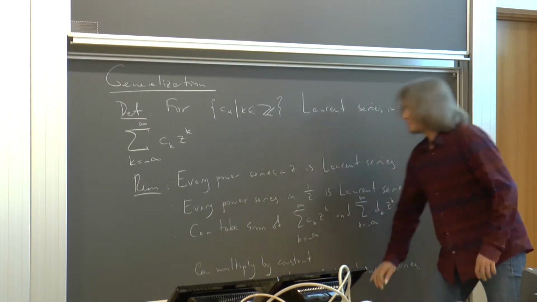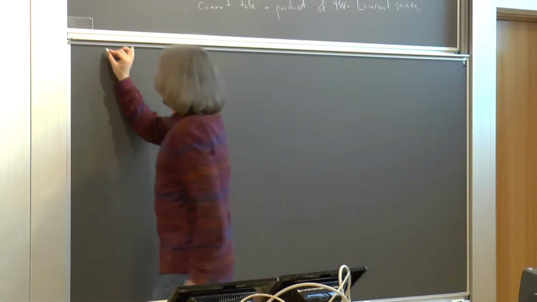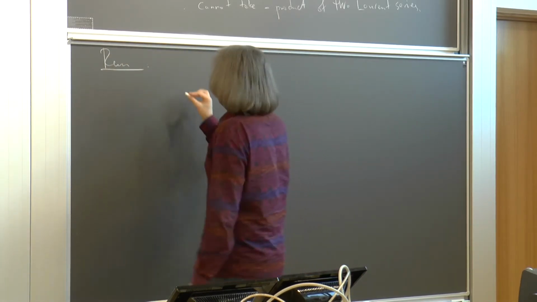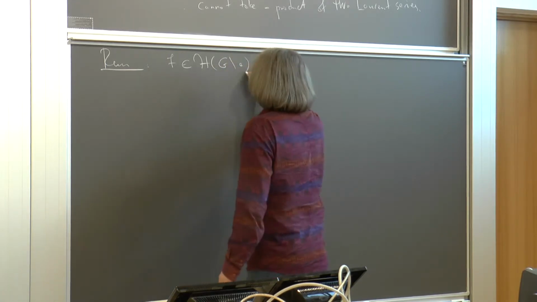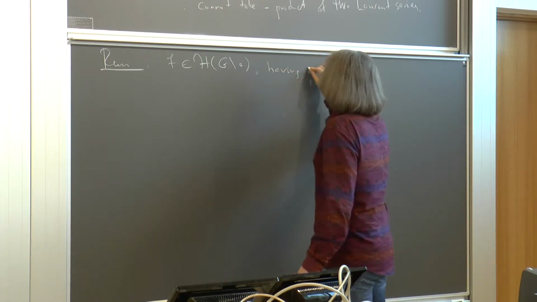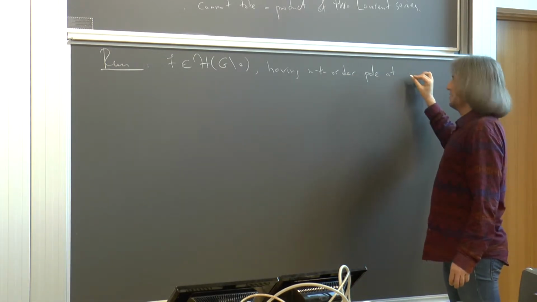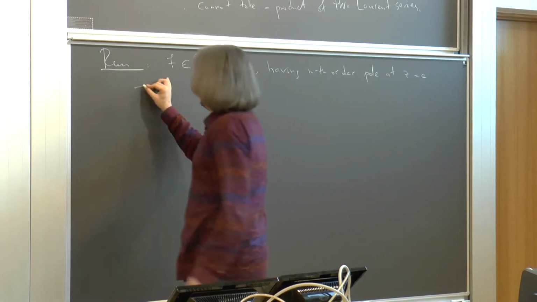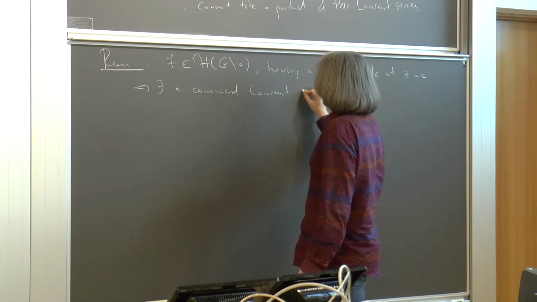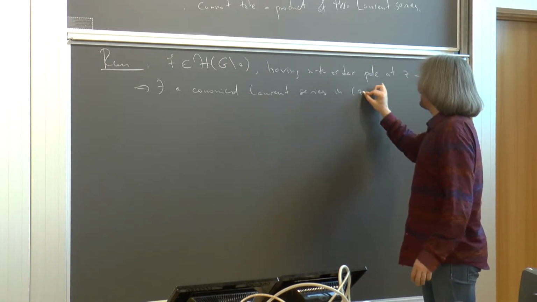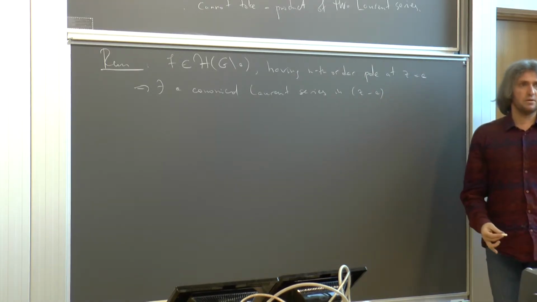Also the previous example shows that if a function f has an isolated singularity at A and actually has a pole, nth order pole, at z equals A, then there exists a canonical Laurent series in the variable z minus A. So of course you can take Laurent series not only in the variable z but in z minus A. So there's not a big generalization.